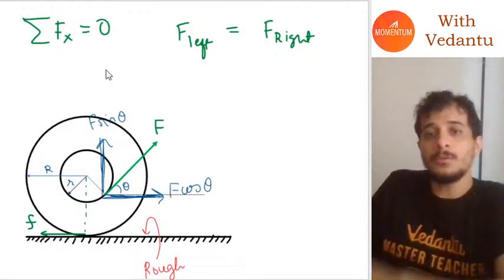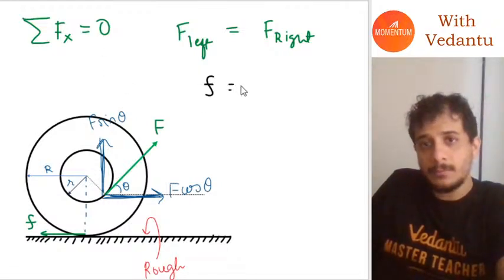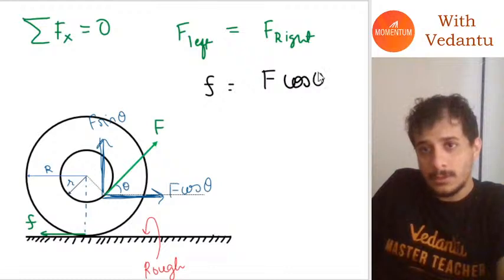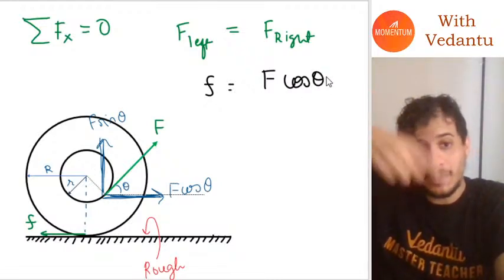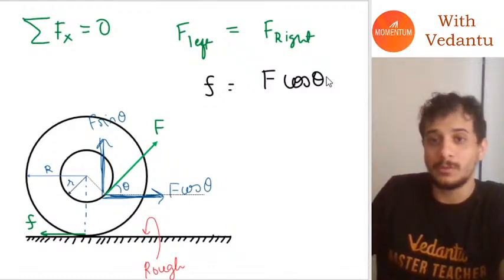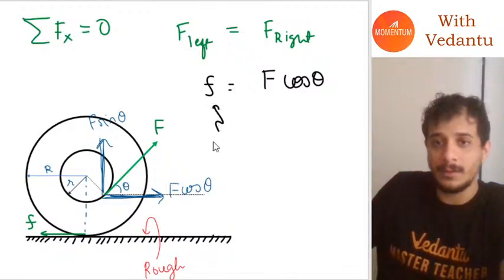If I write the values, F cos theta is equal to f, where capital F is the force we are applying and small f is the friction. Please remember this, guys. This is friction.